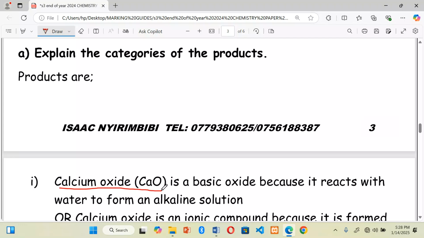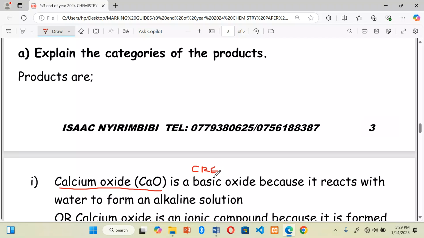But don't forget that in this number 2, we consider the CRE. Do you still recall what CRE means? Not Christian religious education, of course. We are saying you categorize the product, you give the reason, and you give the example.